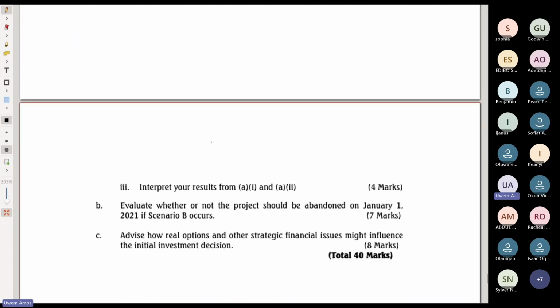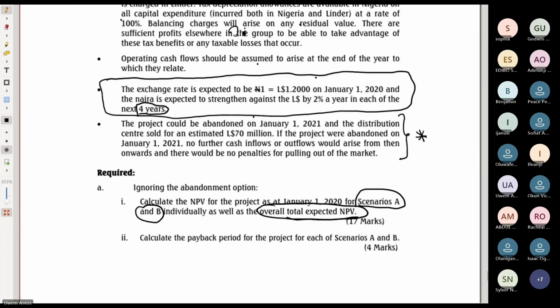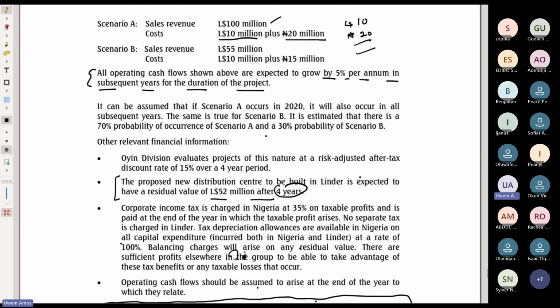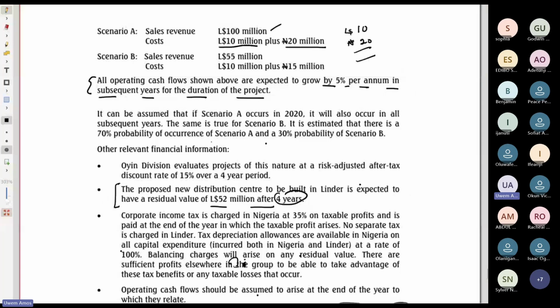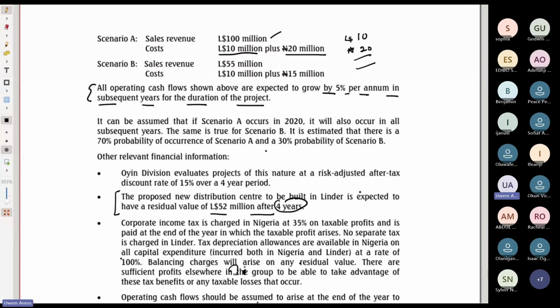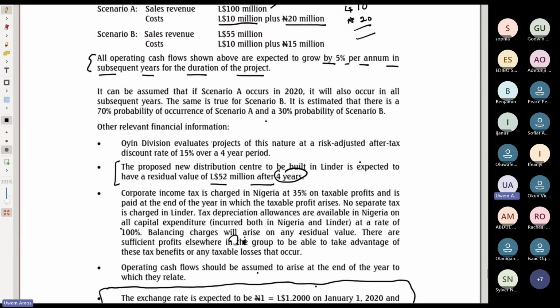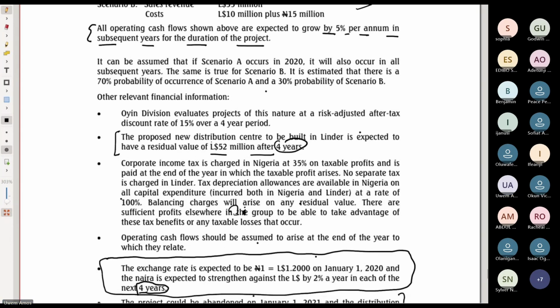So let's go right back to our question. We did invest in an equipment, so let's see if there's any tax allowable depreciation that arises from that. All right, we have a point right here in bullet point 3 on other relevant information.